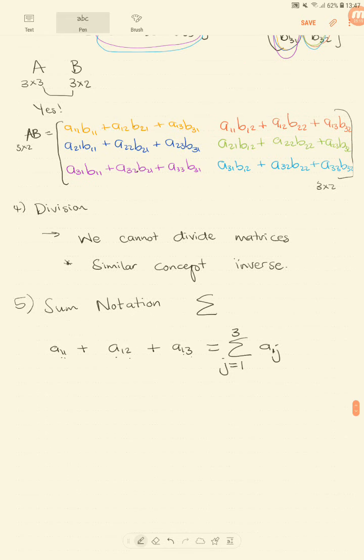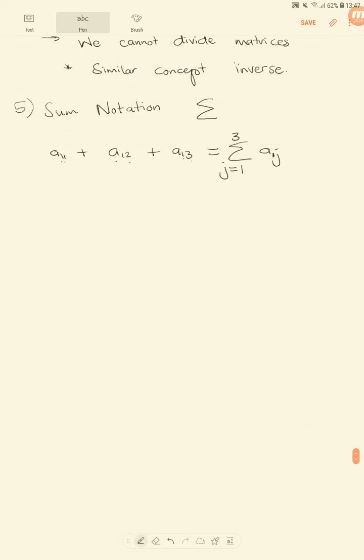Because we have this A11 B11 plus A12 B21 plus A13 B31, it's useful to write this in a simpler form of summation.